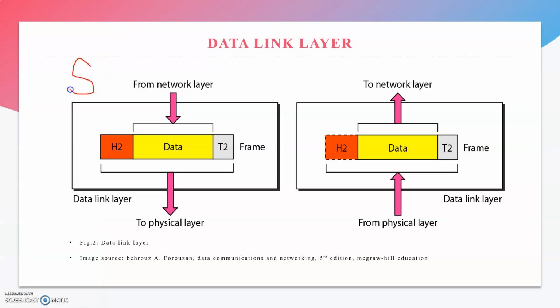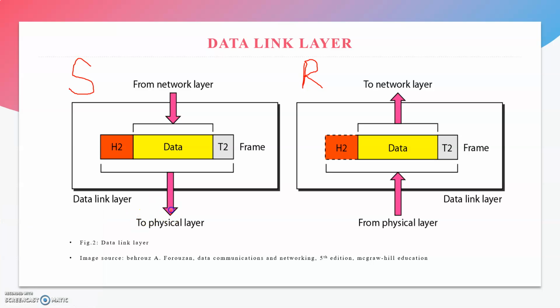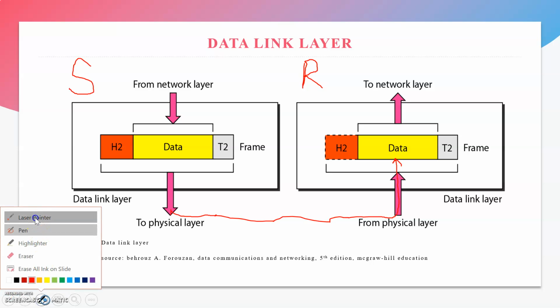At the sender side, it takes the data from the network layer and transmits the data to the physical layer, and then this data is transmitted through the physical channel, or you can say physical medium, from sender to receiver, and reaches the receiver side through the data link layer.